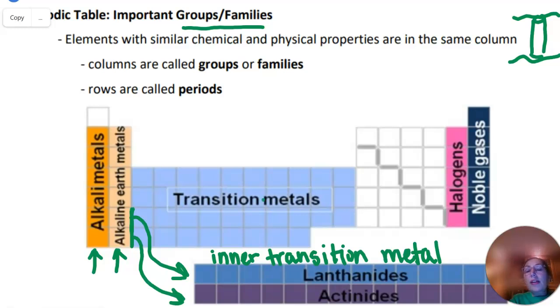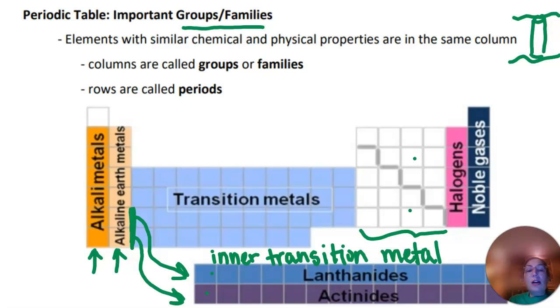And then we start transitioning from metal to nonmetal. And so we have inner transition metals that go right here, the lanthanides and the actinides. And then we have just our transition metals. And then we don't really have names for some of these groups here. Some of these groups are a little mixed up, they have like half nonmetals in them and half metals.